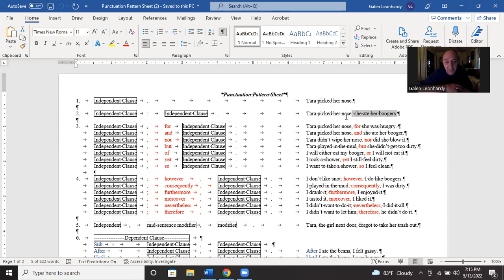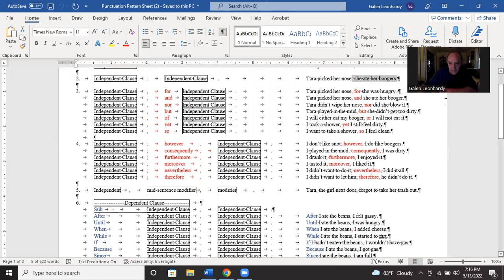I would have said, Tara picked her nose: blood oozed down her pinky, because a bloody nose, right, would be a necessary consequence of picking your nose. Now, I don't know that firsthand, but for those of you who do, I think you can testify that in fact that blood oozing down your finger would be a necessary consequence of picking your nose. Again, I have no idea about that. I've only heard.